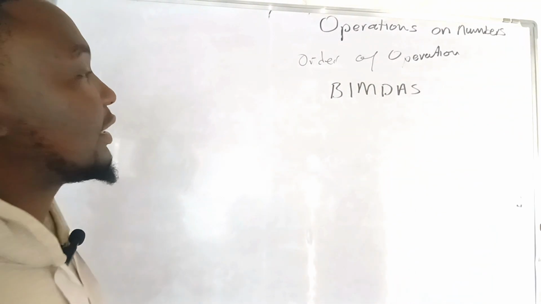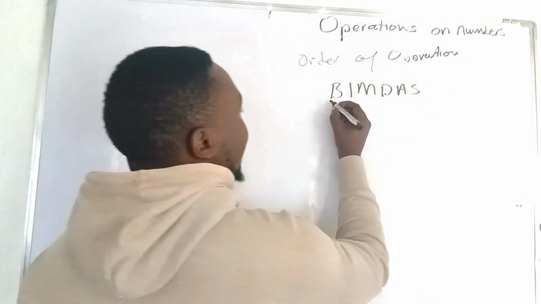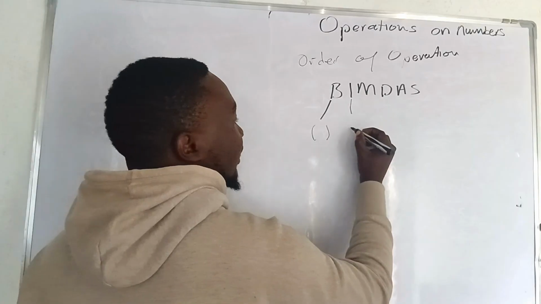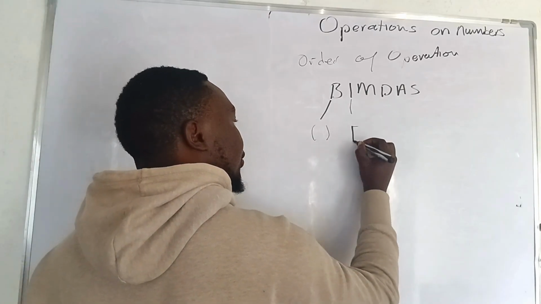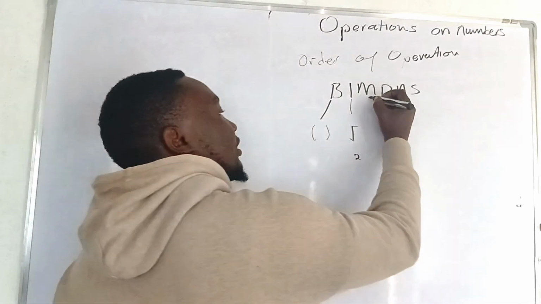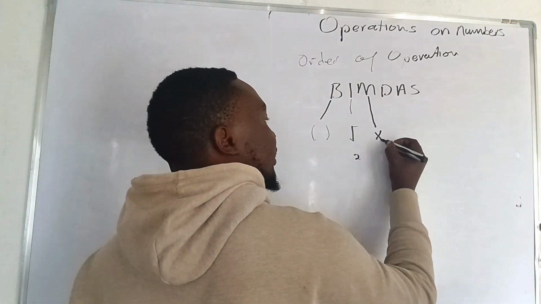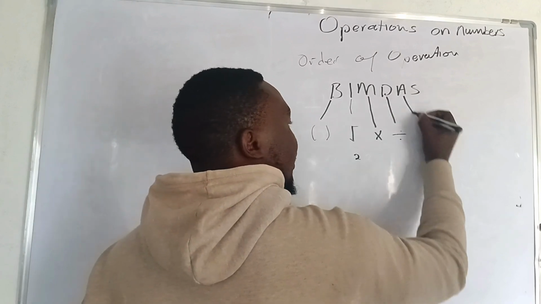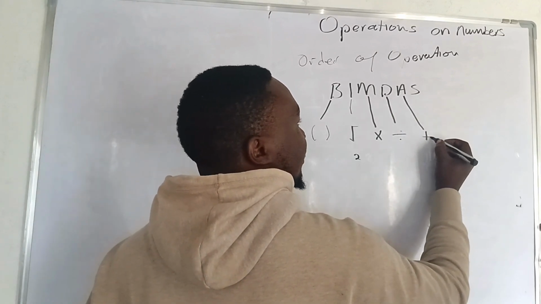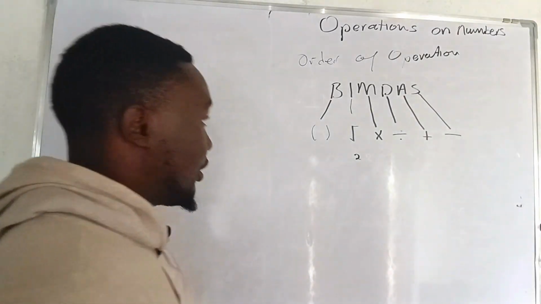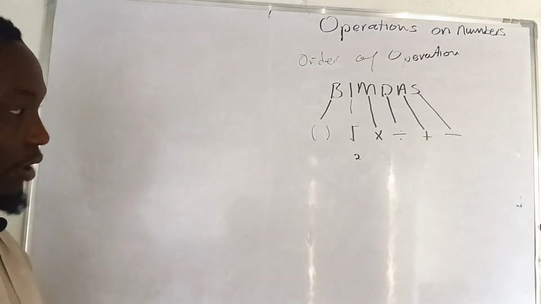Now it's BIMDAS, where B represents brackets, I represents indices, squares, M represents multiplication, D represents division, then A represents addition, S represents subtraction. So these are the order of operation.